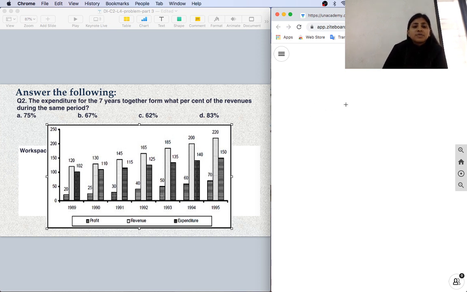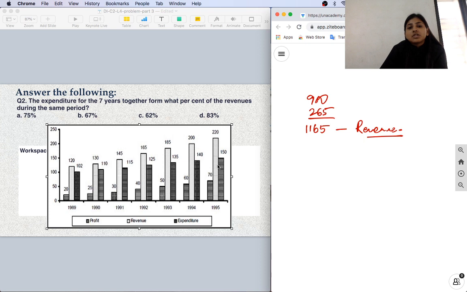You have to take the expenditure total and the revenue total and divide the two. The revenue will be 200, 400, 500, 600, 700, 800, 900 plus 20 and 85, 105, 170, 215 and 50, so 265. That is 1165, the total for revenue.